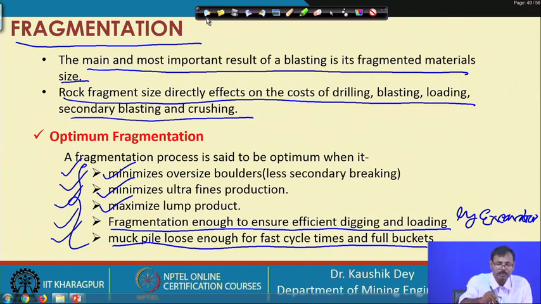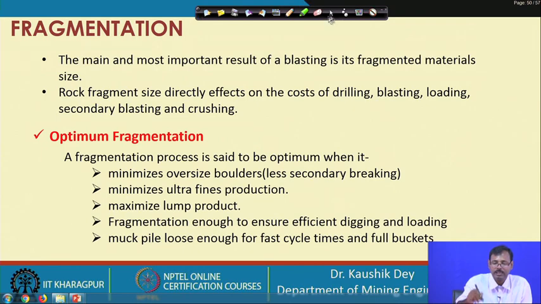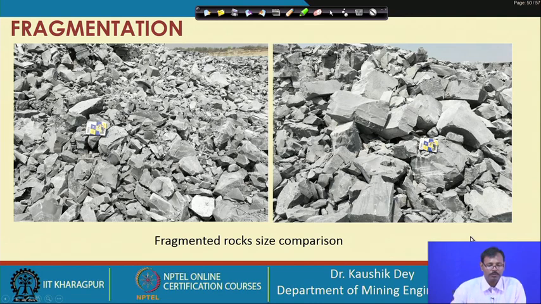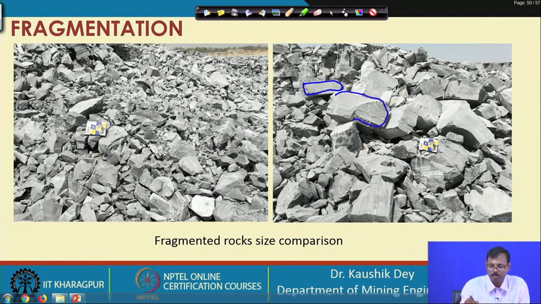So, considering this, an experienced person may tell that this fragmentation is very good, but where is the measure of this fragmentation? You can see these are the sizes of different boulders. It is essentially required that one should know the size of each individual boulder while trying to assess the fragmentation.